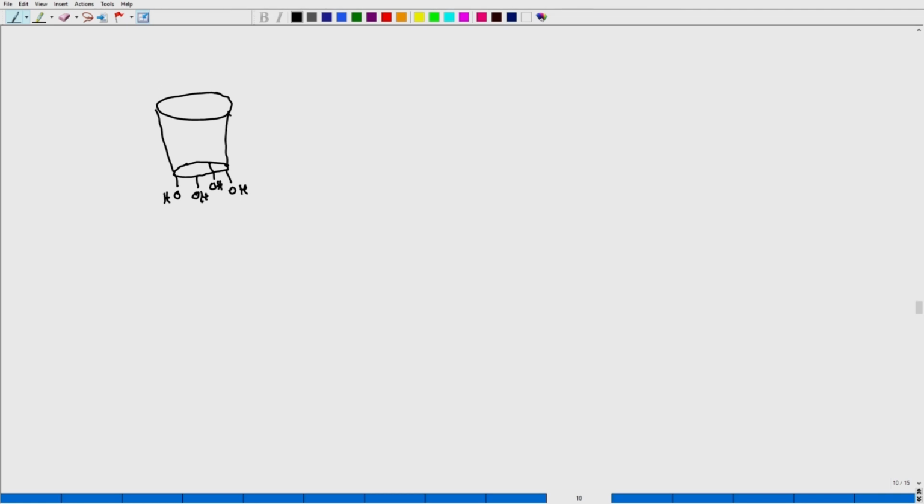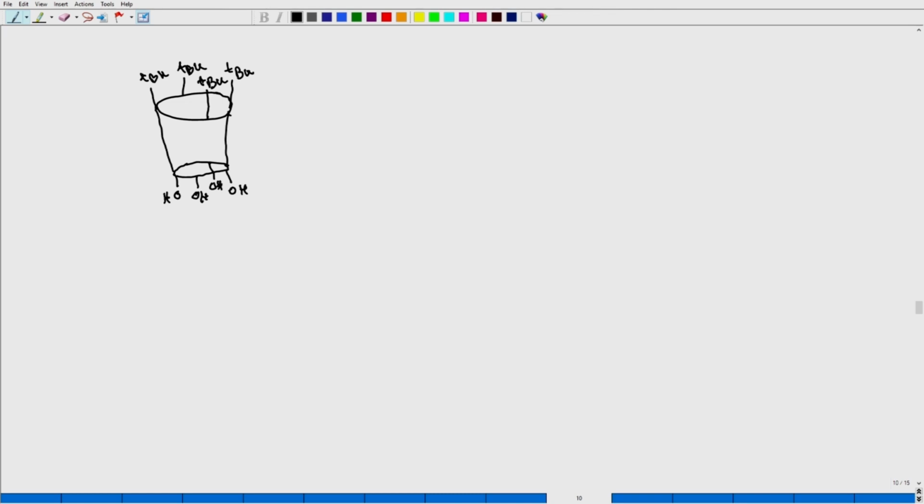Okay. These t-butyl groups can be easily removed by transalkylation using aluminum chloride and a solvent such as toluene. But before that happens, how can we do that?